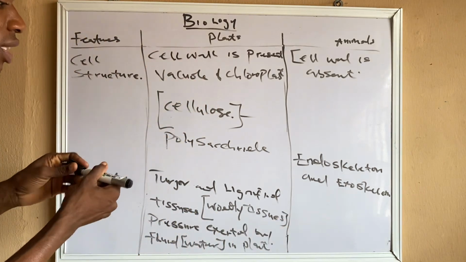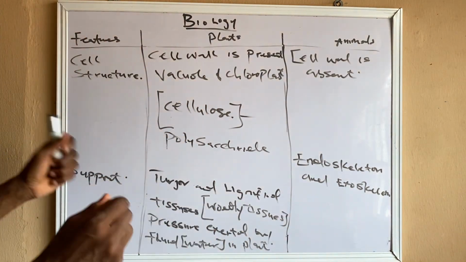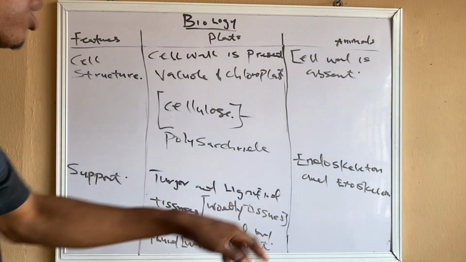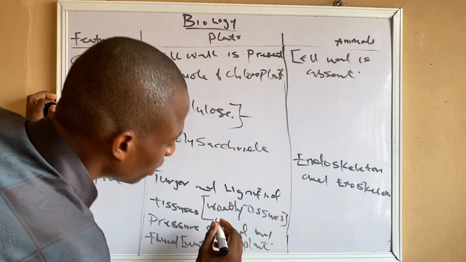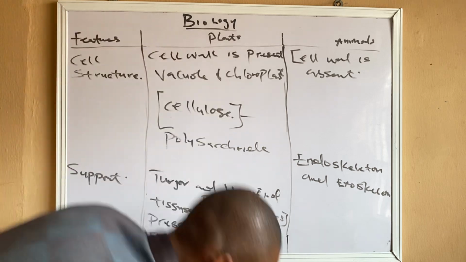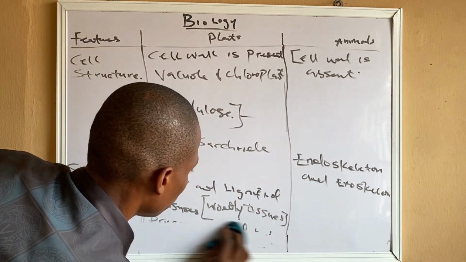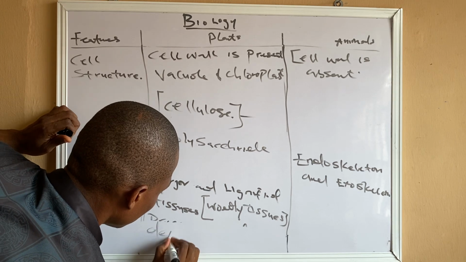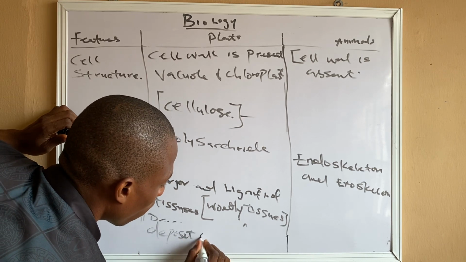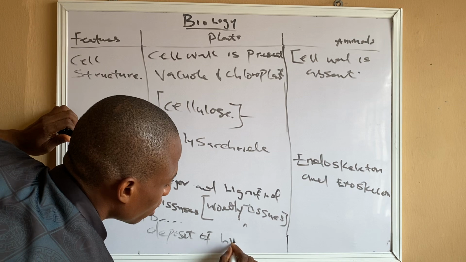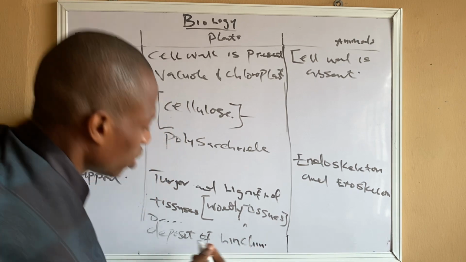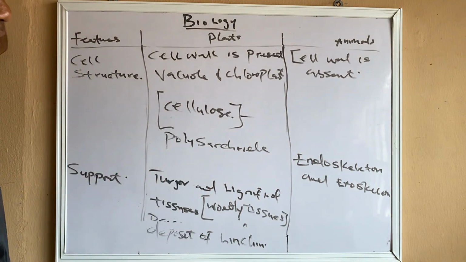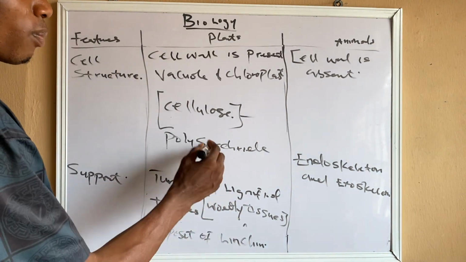They are woody because of the deposit of lignin. And you all know that lignin is another polysaccharide.